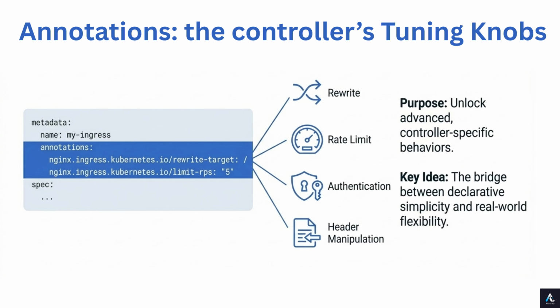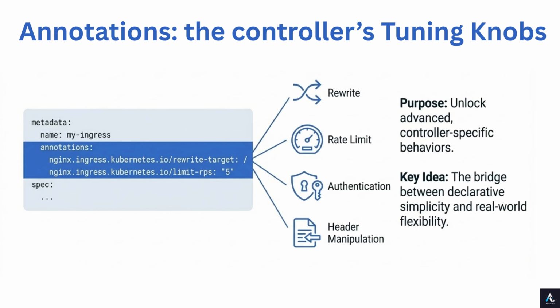What annotations really do is bridge the gap. They connect the declarative simplicity of Ingress rules with the full power of the underlying controller. This is how something like nginx evolves from a basic reverse proxy into a fully fledged enterprise-grade gateway.